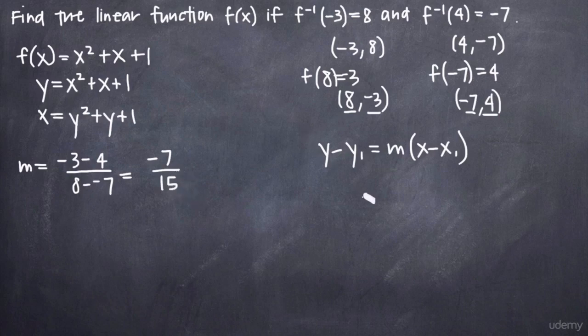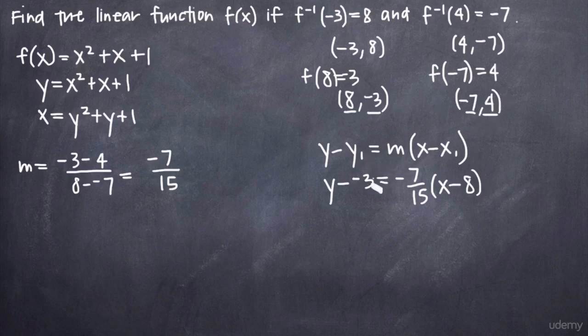So now we have a slope and a point, and we can say y minus, we'll use the point 8, negative 3. The y value in this coordinate point is negative 3, so we'll say y minus negative 3 is equal to the slope we just found, negative 7/15, times x minus the x coordinate from our point, which is 8. Keep in mind, we could have just as easily used the point negative 7, 4 and gotten the same result.